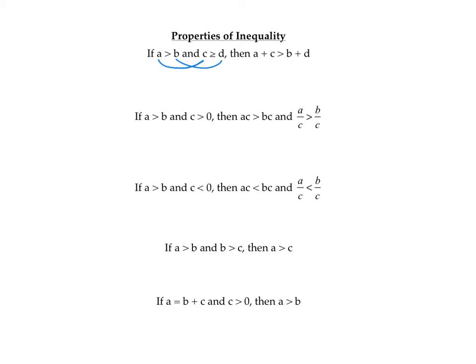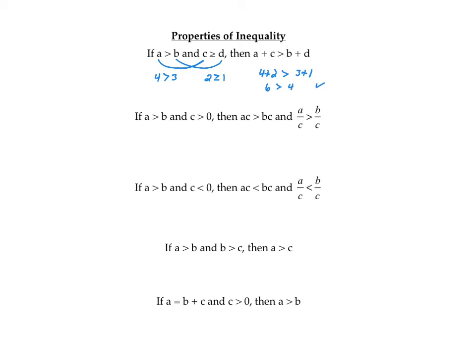So let's start off with if 4 is greater than 3, because 4 is greater than 3, and 2 is greater than or equal to 1, then 4 plus 2 must be greater than 3 plus 1. So check it out, do the math. 6 is greater than 4. And you can see how it checks out.